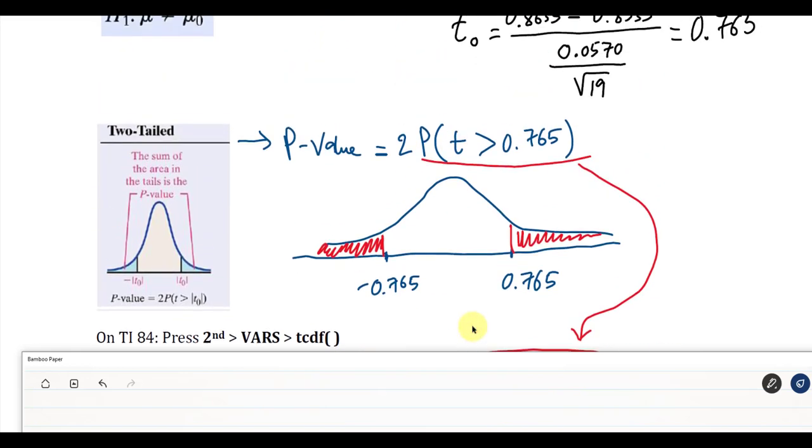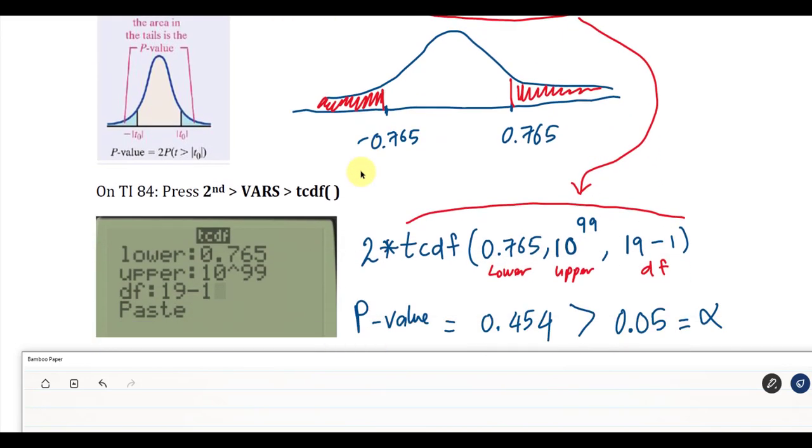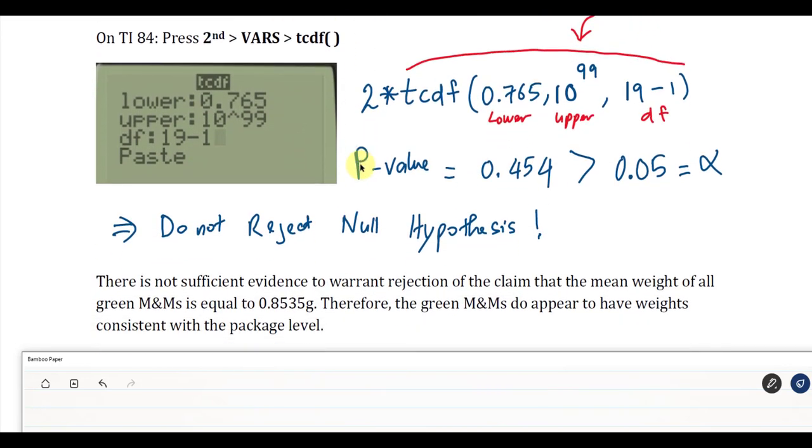If we do not reject the null hypothesis, that means we do not reject the statement that the mean is equal to 0.8535. And if we do not reject, then we say that there is not sufficient evidence to warrant the rejection of the claim that the mean weight of all the real M&Ms is equal to 0.8535 gram.